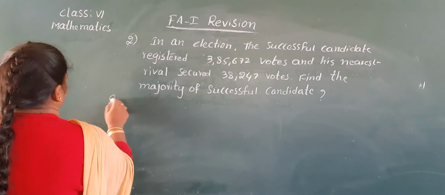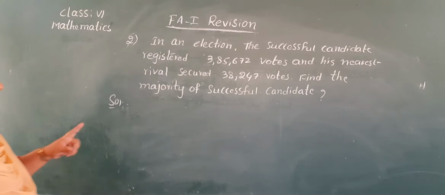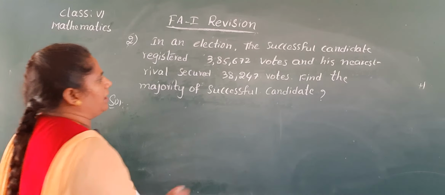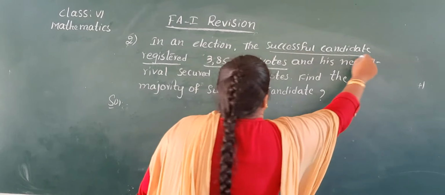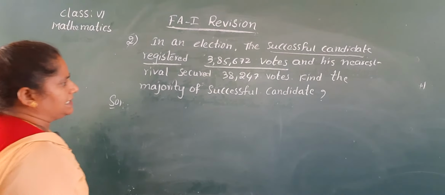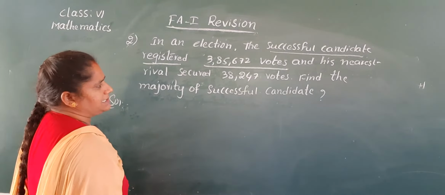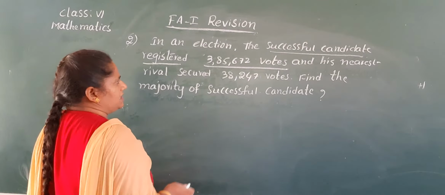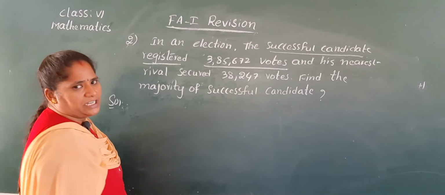Okay? So first try to read the given problem. In an election, the successful candidate registered how many votes? Yes, number of votes registered by the successful candidate equal to 3,85,672. So see children, I changed the number. This number is not given in your textbook.